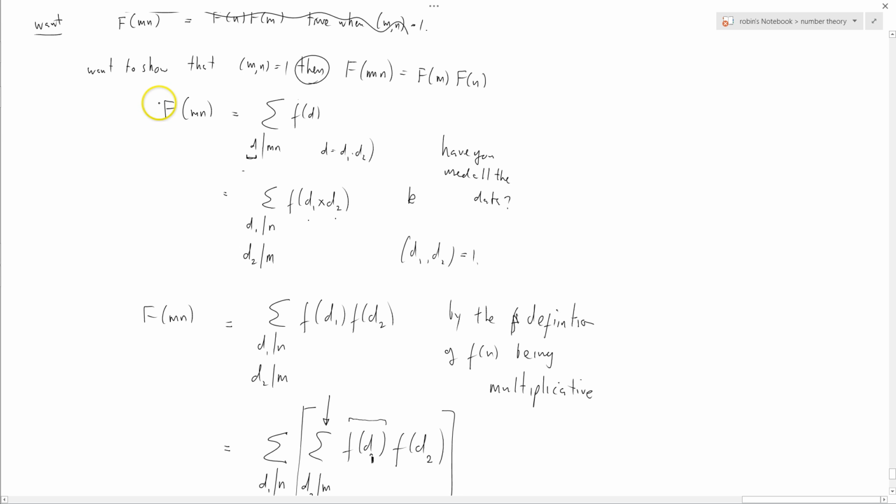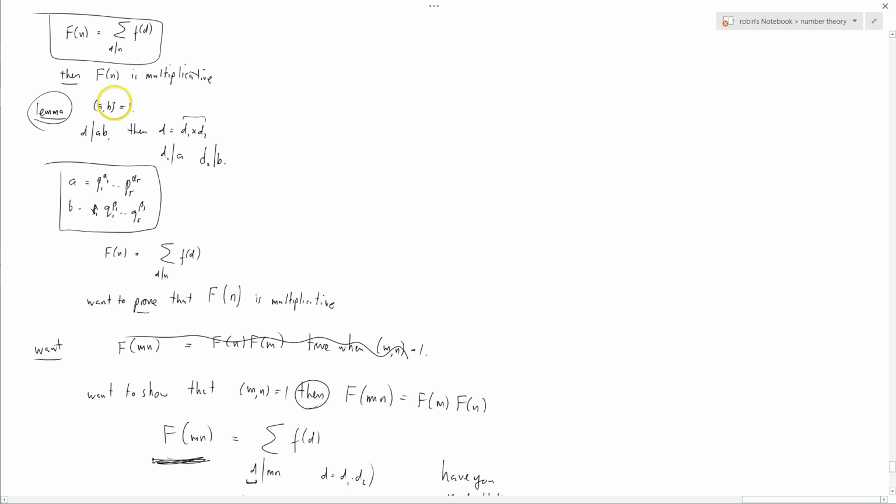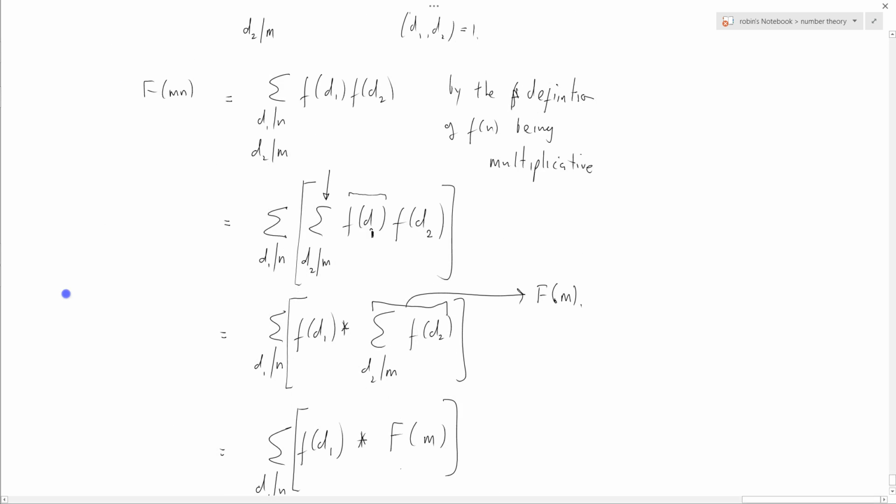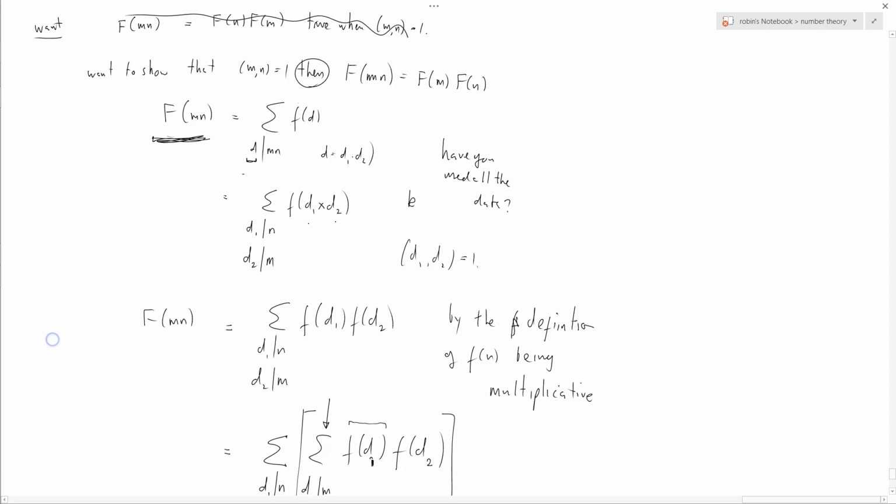So let's go through that whole sequence of reasoning. We wanted to show that capital F of mn was equal to F of m times F of n. We've gone through all this process, we've turned it inside out, and we've used this peculiar result about factors of products if they're relatively coprime. It's a very tight little piece of reasoning.